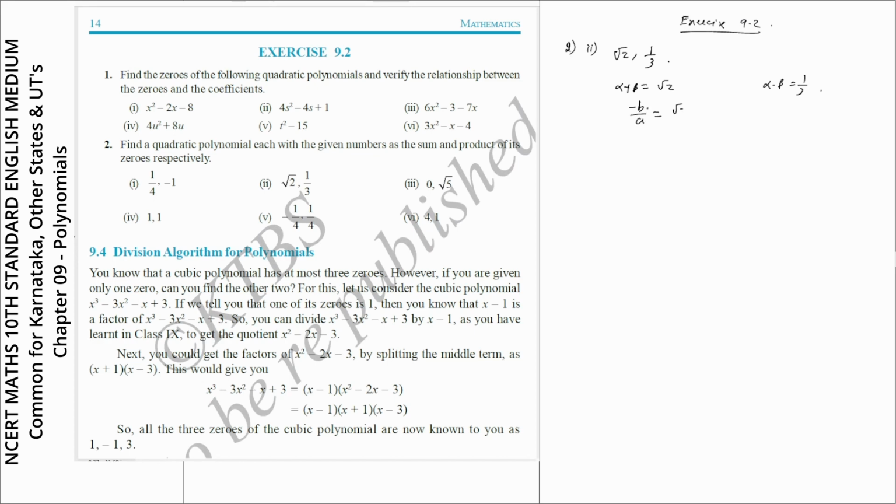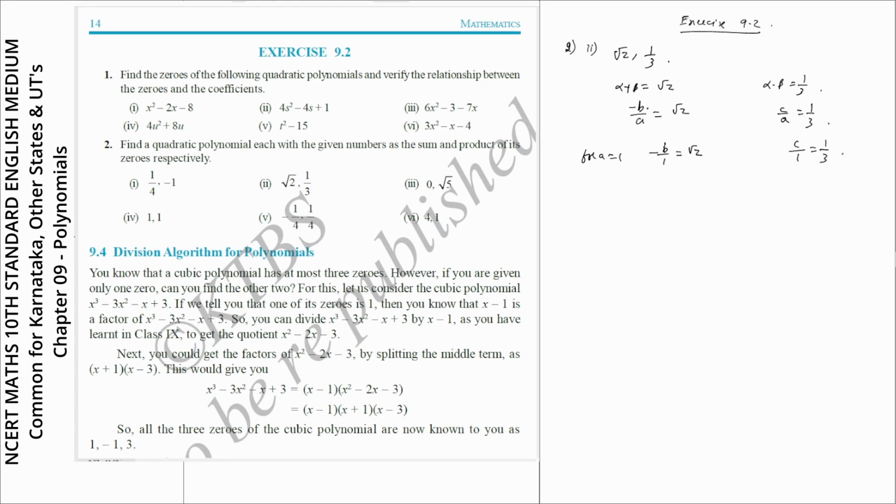Minus b by a is equal to root 2, and alpha into beta is c by a. C by a is equal to 1 by 3. So for a is equal to 1, I'll get minus b by 1 is equal to root 2, and here c by 1 is equal to 1 by 3.